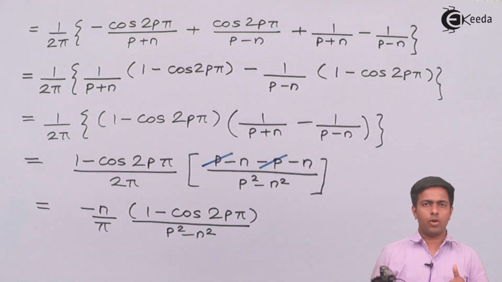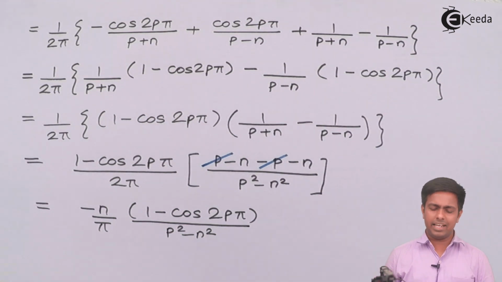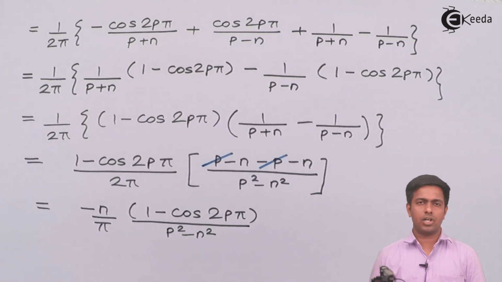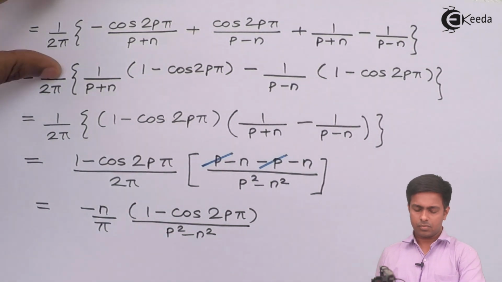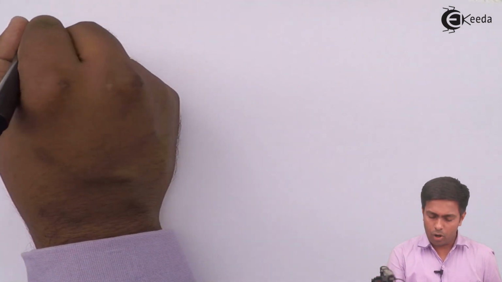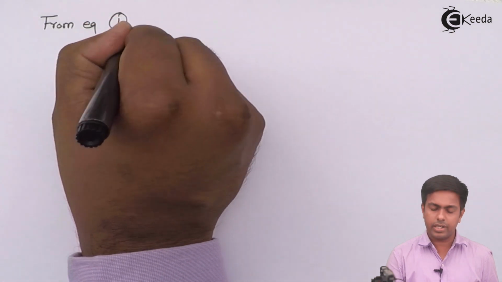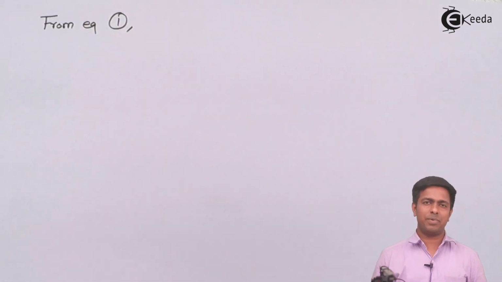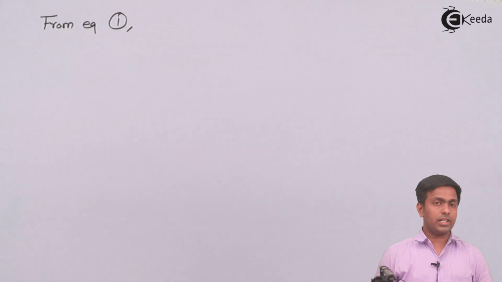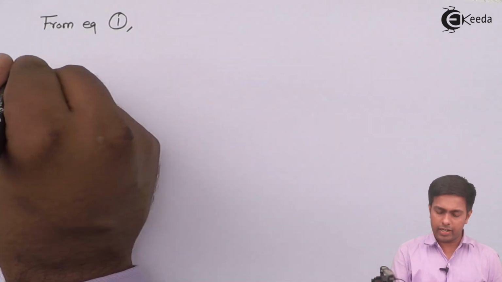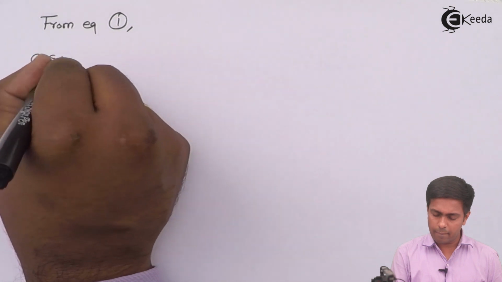So here we got the value of a naught, then an and bn, and now we'll put all these values in equation number 1. So from equation number 1, by substituting the values of a naught, an and bn. What is the value of a naught? We know that in equation number 1 the left hand side is cos of px.